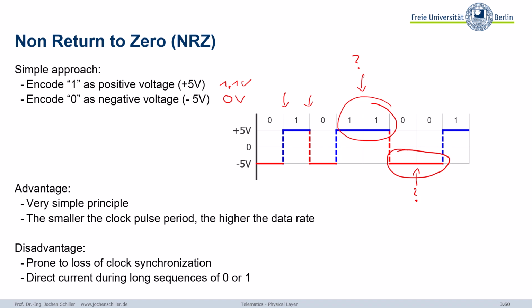But if you have long sequences of zeros and ones, you will lose synchronization. This is not a problem inside a chip because, as we learned, we have these separate clock lines. So the clock distribution tree telling all the components inside a chip where the edges are. But in a local area network, the receiver doesn't know anything. So the receiver has to be synchronized. But if we just use a simple non-return to zero code, we cannot synchronize the receiver.